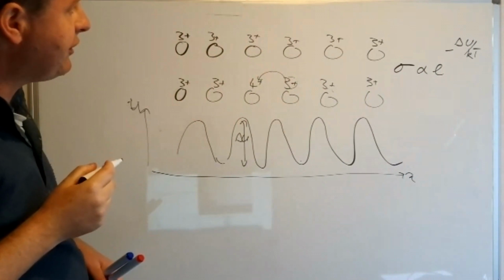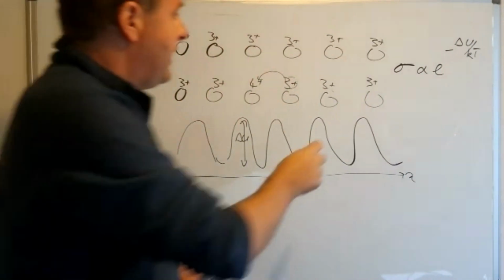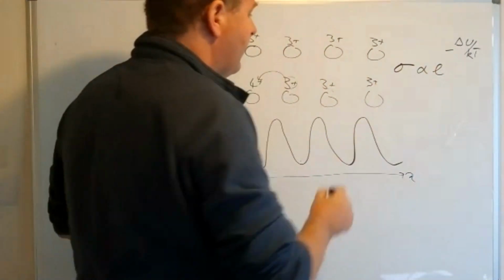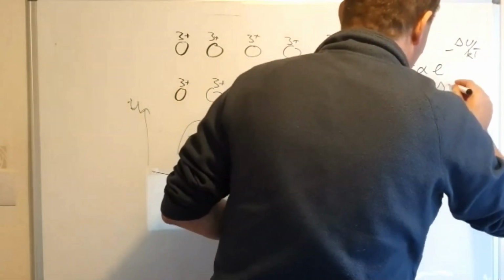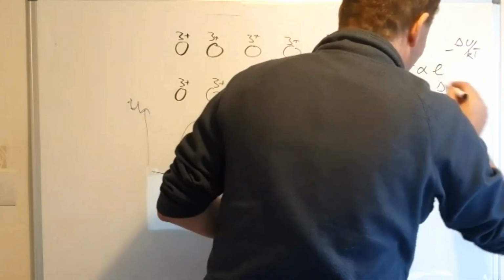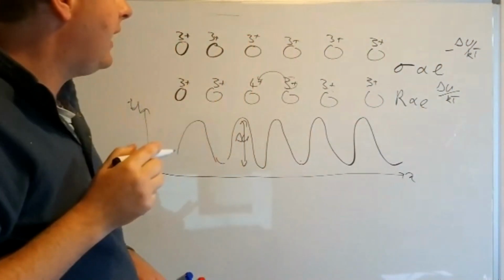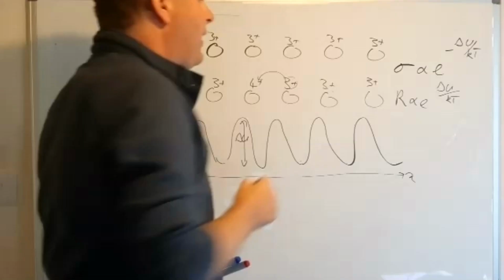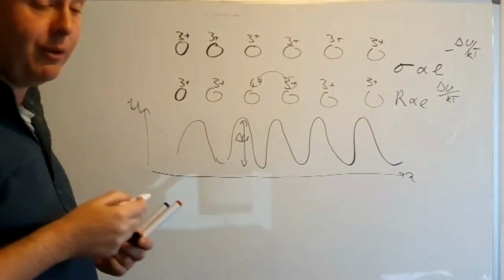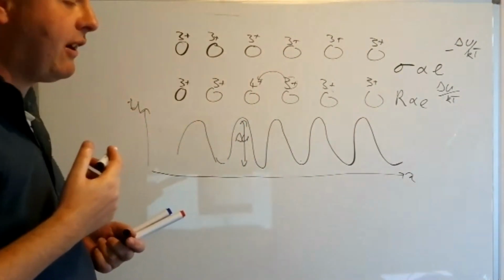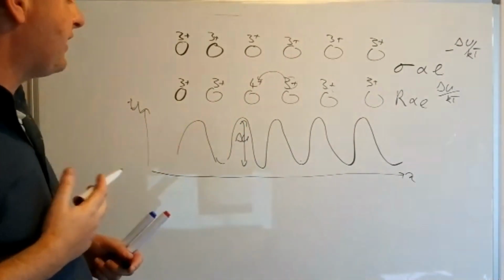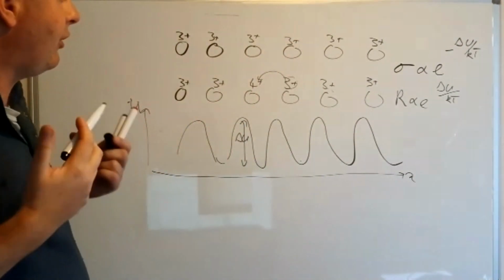As a result of that, you can see therefore that the resistance is going to be proportional to e to the plus delta U over kT. And therefore that resistance is going to go up and up and up as the sample gets colder and colder. So if you try and pass a current through it, you have a voltage coming out that's going to get bigger and bigger as you get colder and colder.